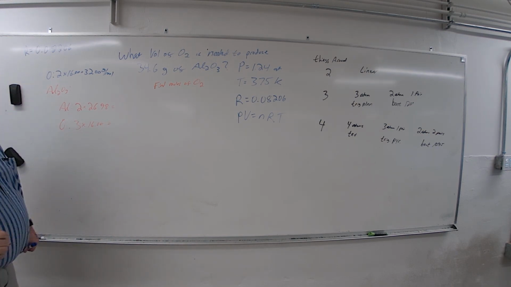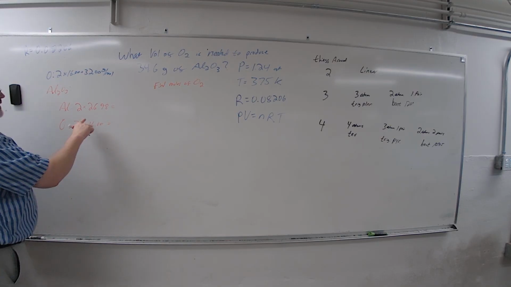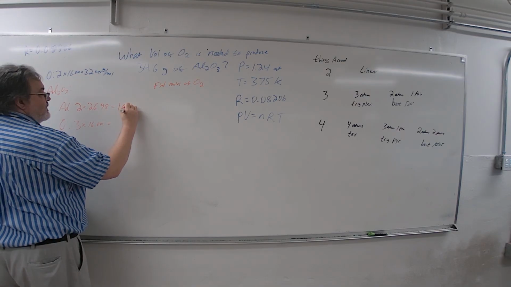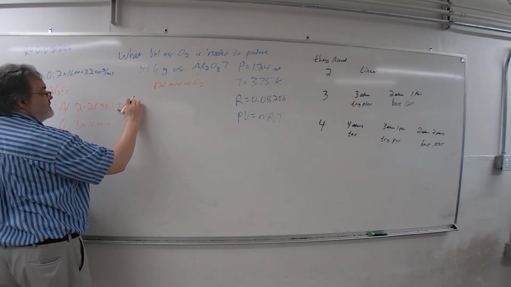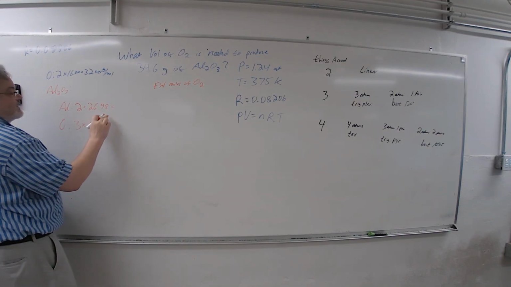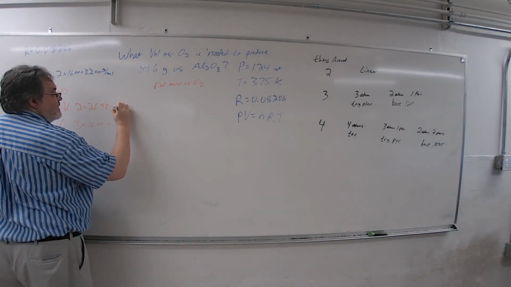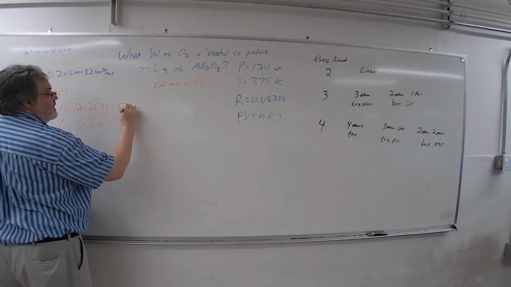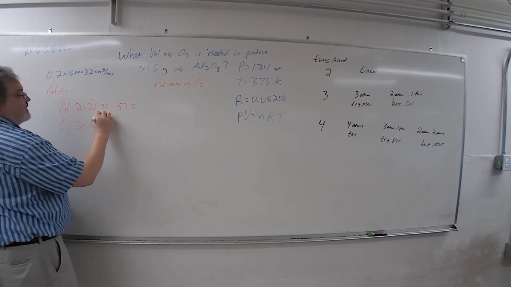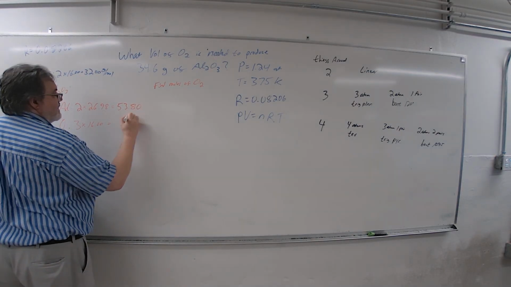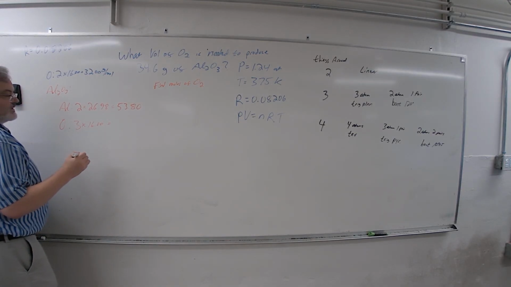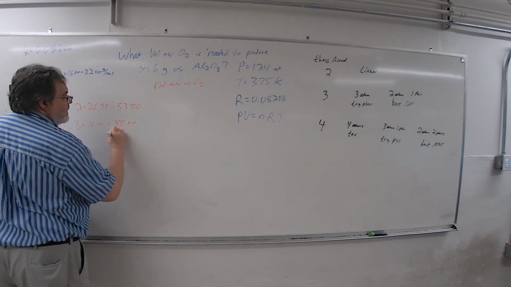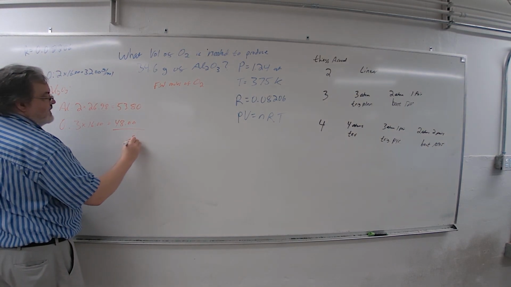So what is that? Who's got a calculator out? 2 times 26.98 is 53.96. And then 3 times 16 is 48.00.